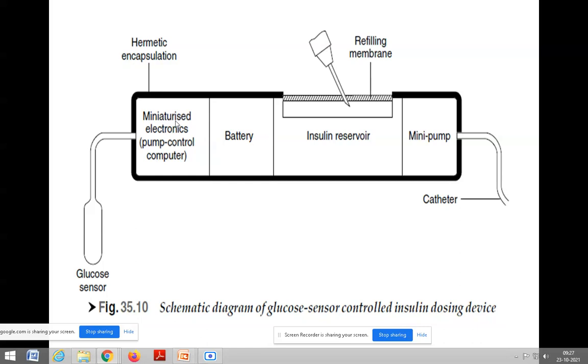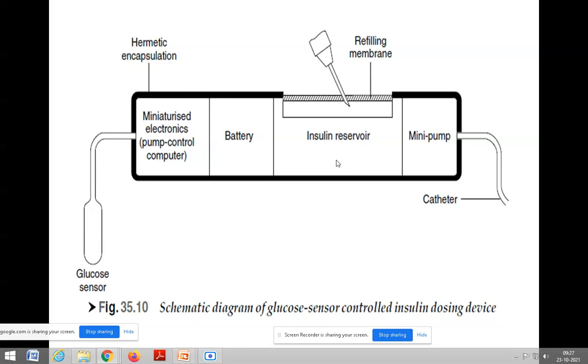Here the miniaturized electronics are fully hermetically encapsulated. This is the reservoir of your insulin, which is filled with insulin.